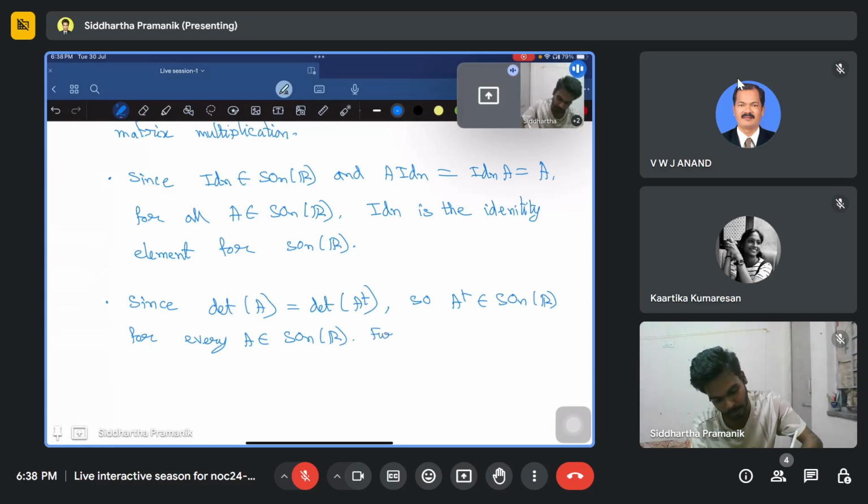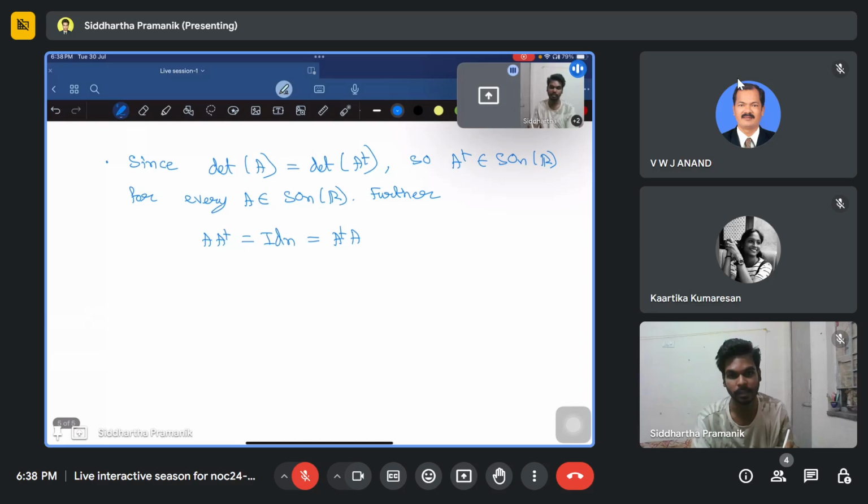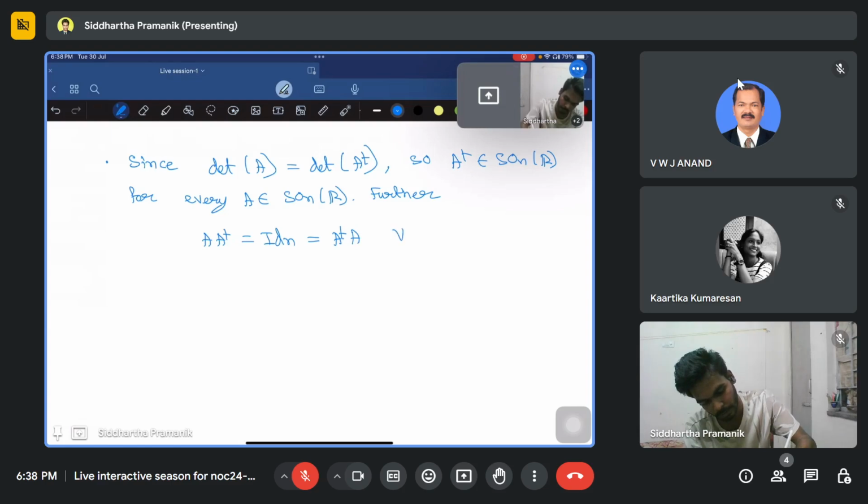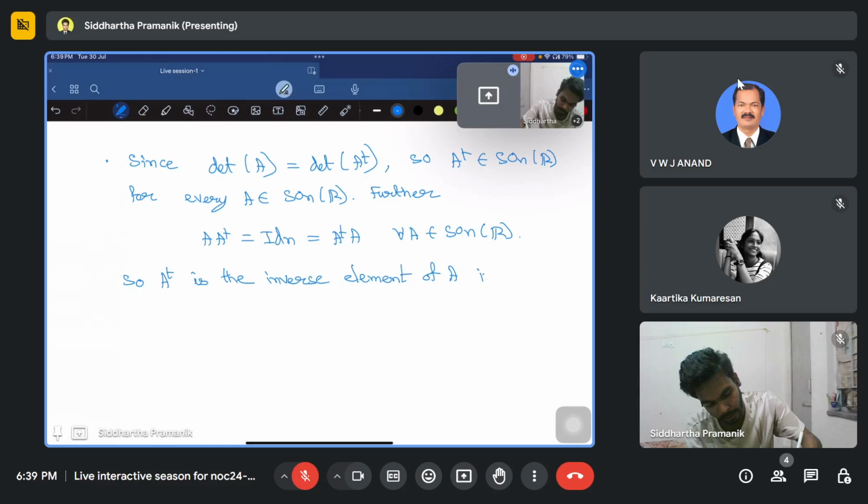Further, we have seen that A transpose A is the same as the identity element, and this is the same as A A transpose. So clearly A transpose gives the inverse element of A, and this holds for every A in SO(n,R). So A transpose is the inverse element of A in SO(n,R).